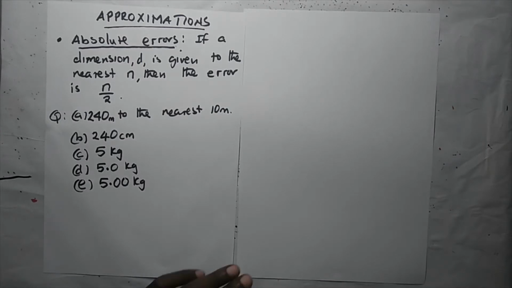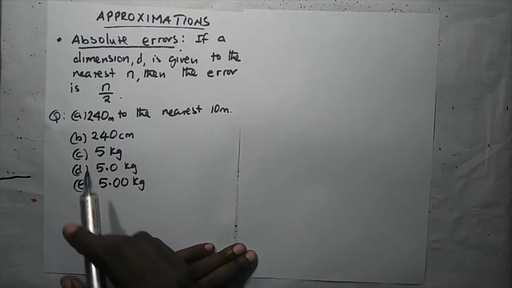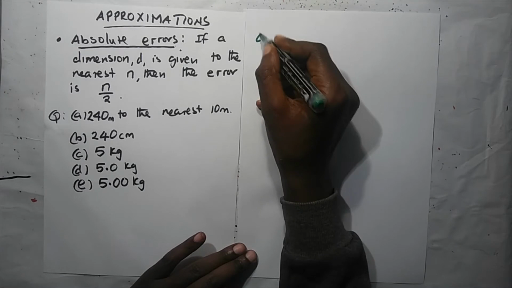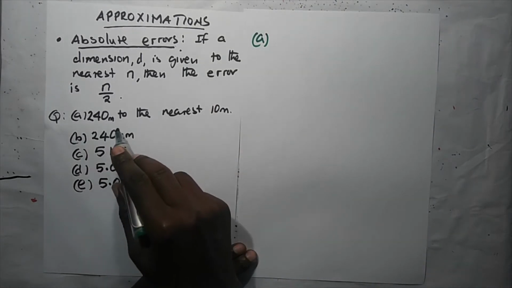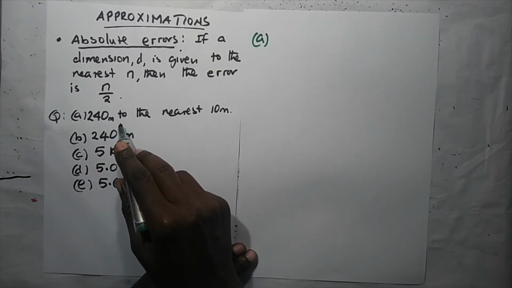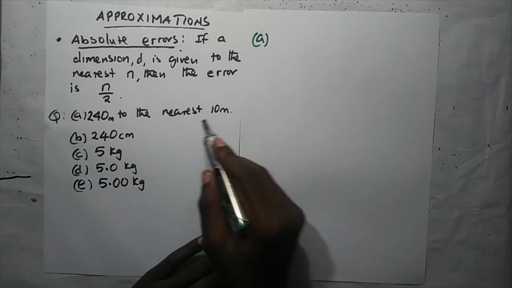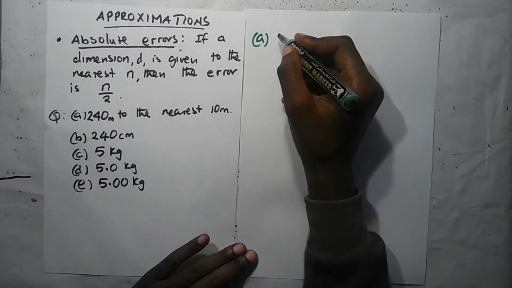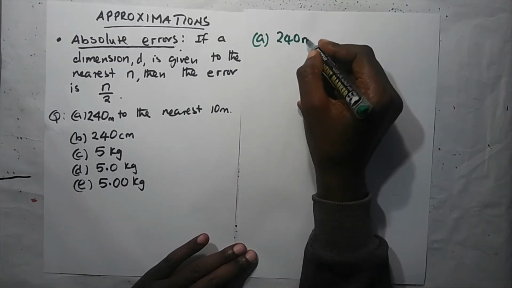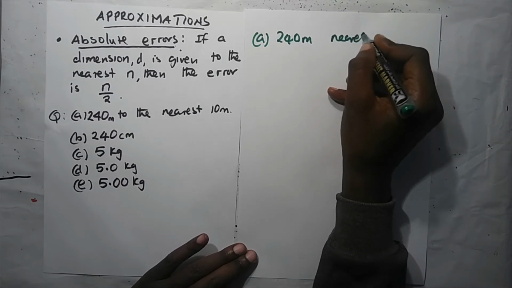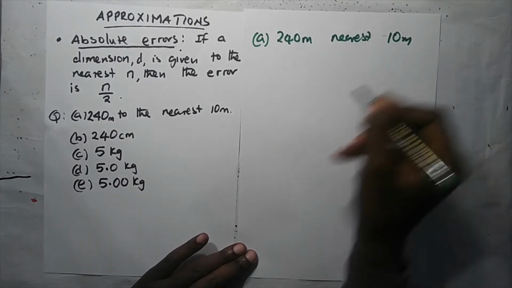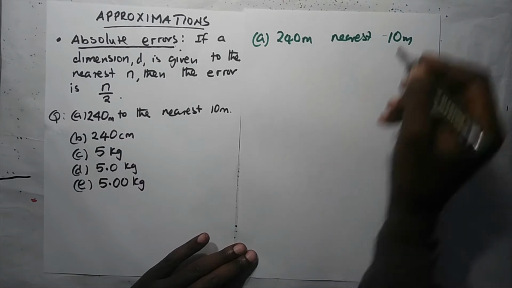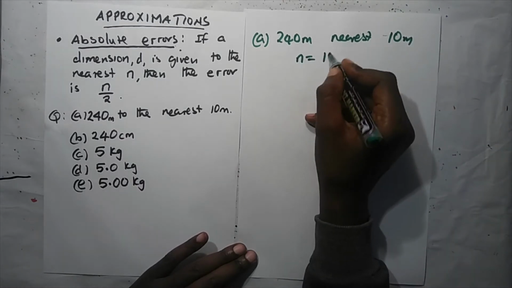So let's start with the first question, A: 240 meters is measured to the nearest 10 meters. So according to the formula, our n here is equal to 10.